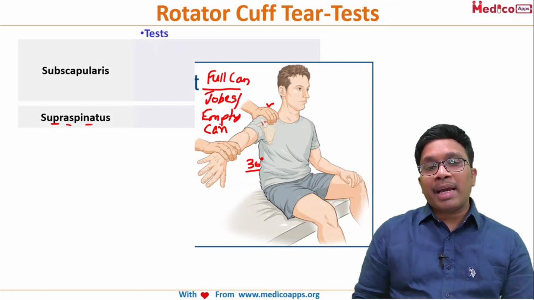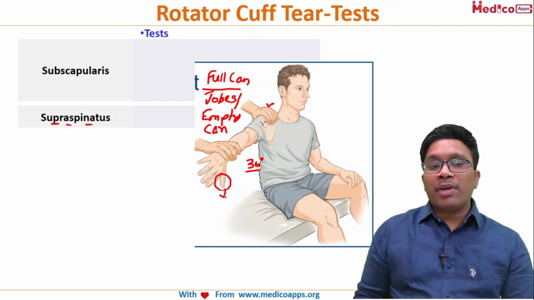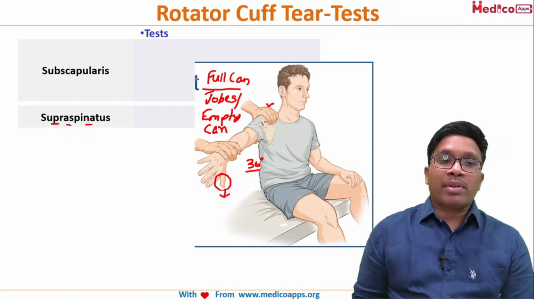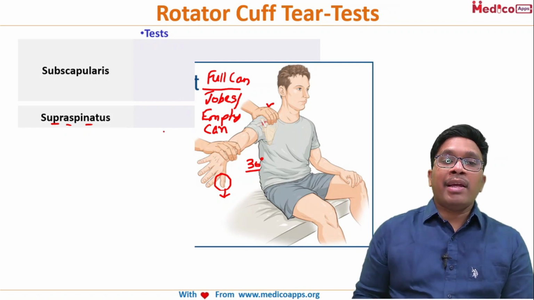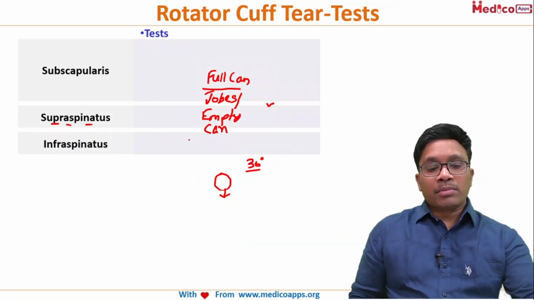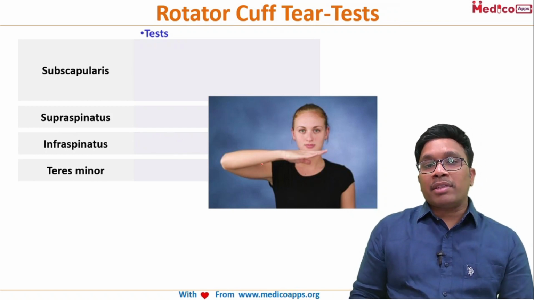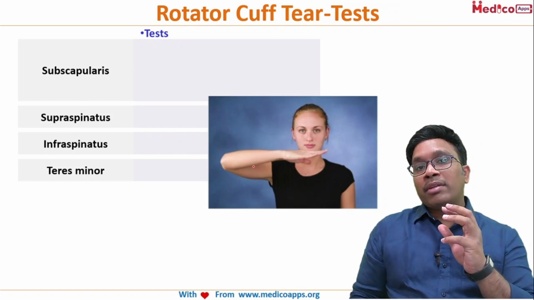This empty can is done in an internally rotated shoulder, that is your thumb is pointing down as if you are emptying the can. A full can test is the reverse, that is it is done in external rotation, the thumb would point up. So that is the empty can and full can test. For the teres minor and infraspinatus, as we discussed, they are external rotators of the shoulder.